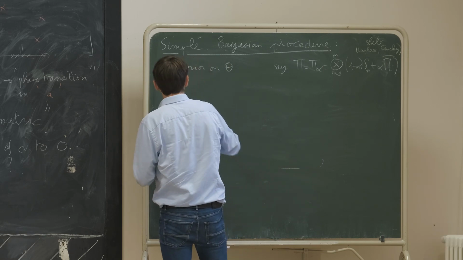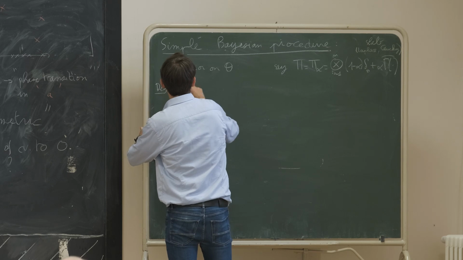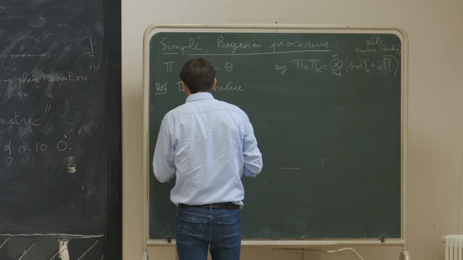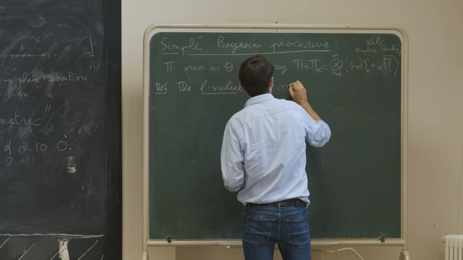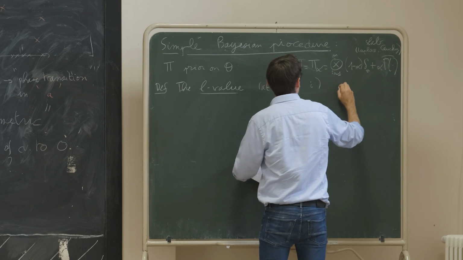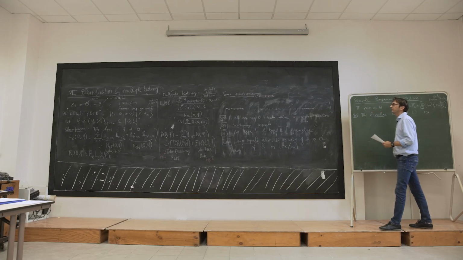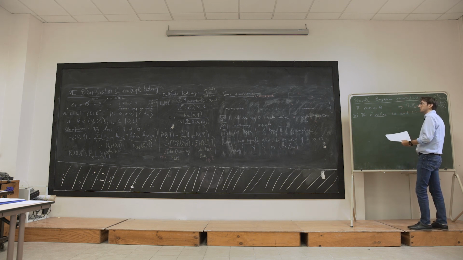Now, if we have such a prior, how can we build a testing procedure? Let me define the L-value at coordinate i. Remember, before I wrote the posterior mass of H0. Here H0 is that we want to test whether theta i is 0 or not.